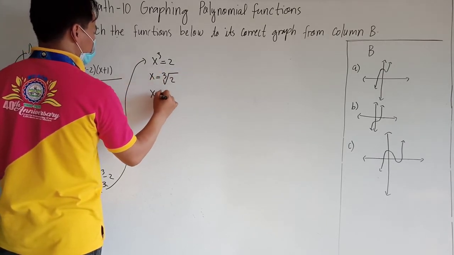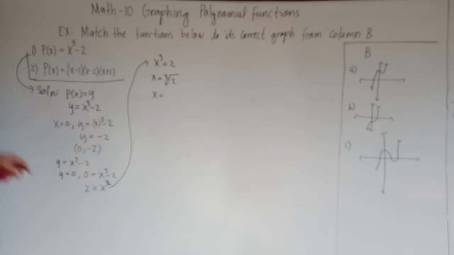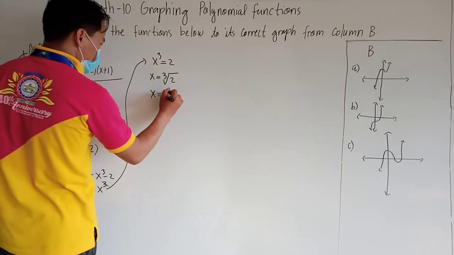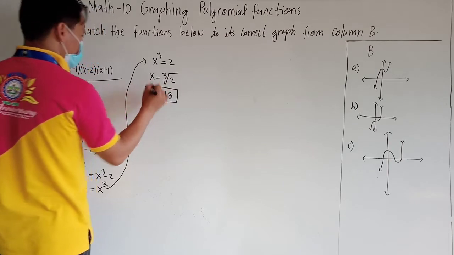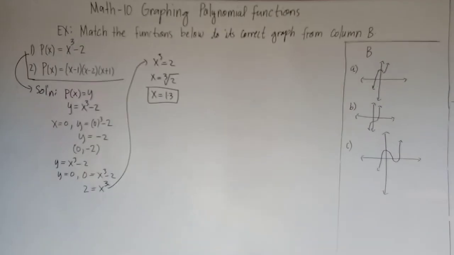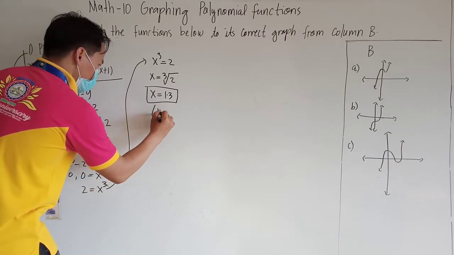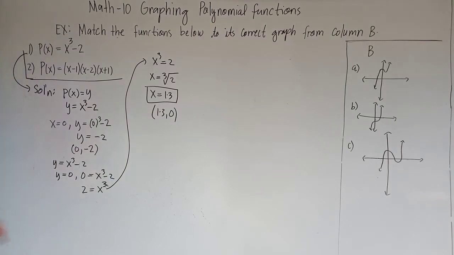Okay? When y is 0, x is equal to 1.3. We can have 1.3 as the approximate value of the cube root of 2. Therefore, it's at point (1.3, 0), because y is 0.